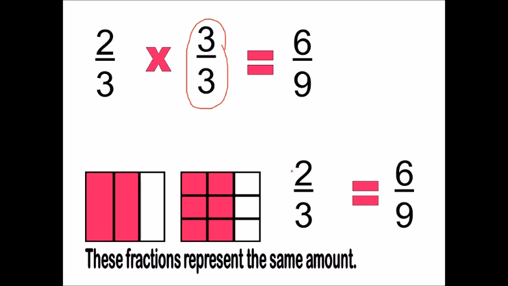To represent 2/3, we have here this image and 6 over 9 for this image. If you notice, if we cut this into 6, they have exactly the same figures or the same image.